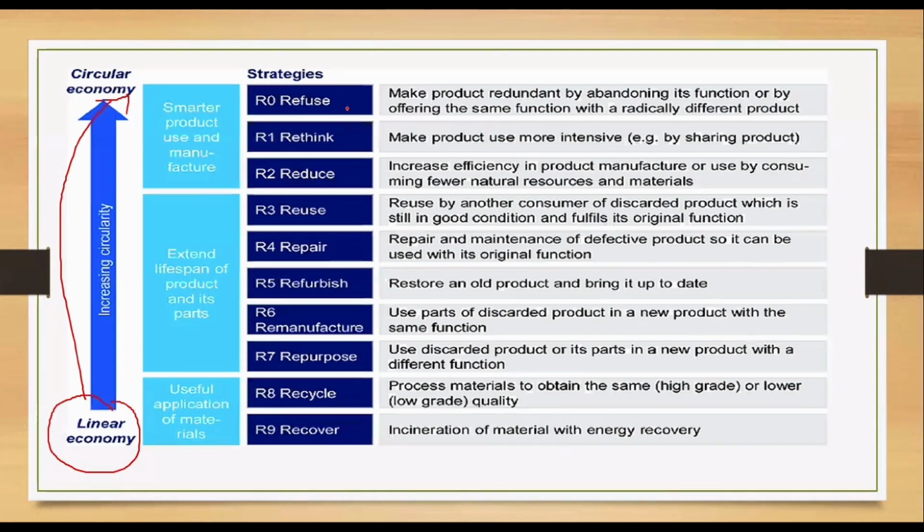So: refuse, rethink, reduce, reuse, repair, refurbish, remanufacture, repurpose, recycle, recall. All these 9 R's are strategies for developing a circular supply chain, which is a sustainable supply chain.